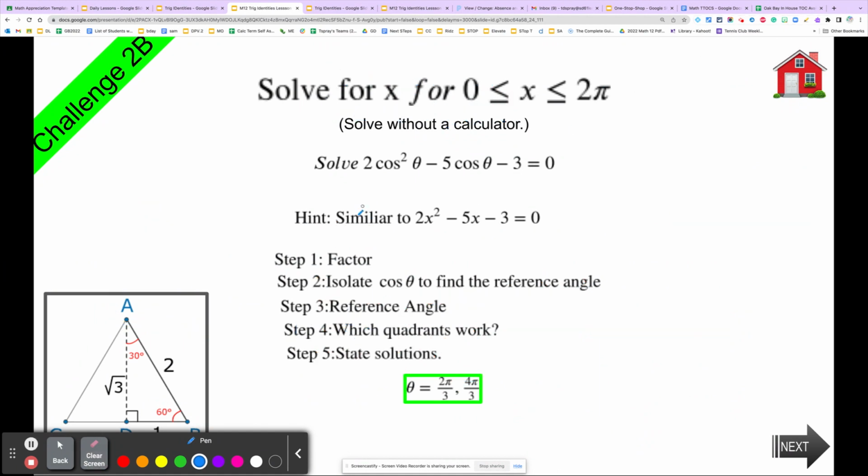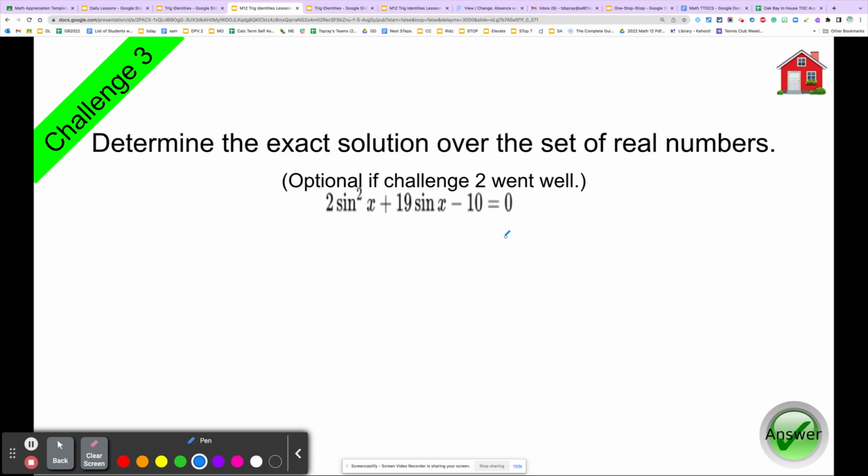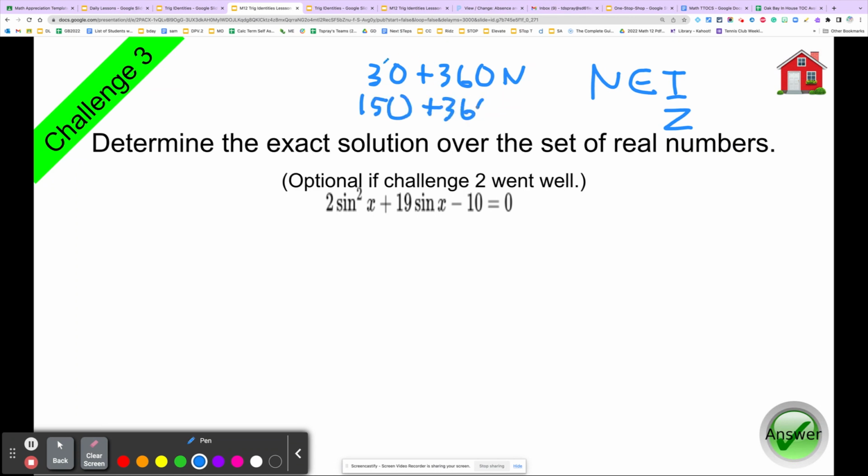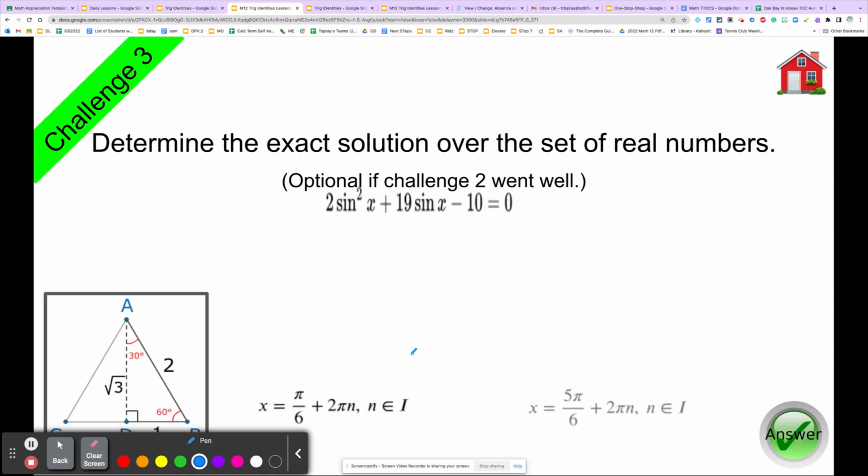So it would have been 30 plus 360n and 150 plus 360n, where n is an element of the integers. Z is more formally used there. I just use I because it stands for integers, and that's sort of my own notation. So there you go. We could have just as easily said pi over 6 plus 2 pi n, and 5 pi over 6 plus 2 pi n. Okay, so there you go.